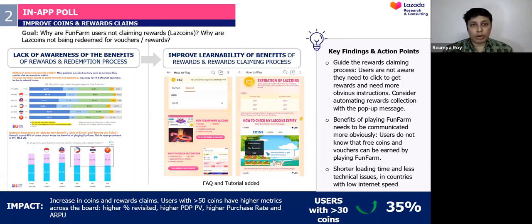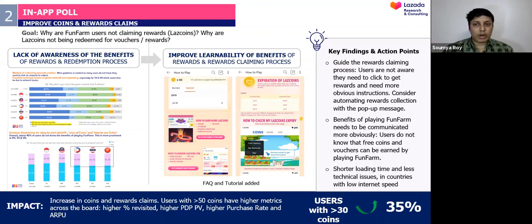From our own example, we found that people were playing games, but they were not claiming the rewards from the games. Or if some of them were claiming the rewards, they were not redeeming them. So what was the problem? We did an in-app poll asking what their problem was, to identify that.